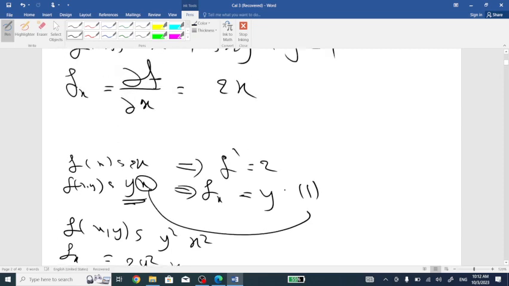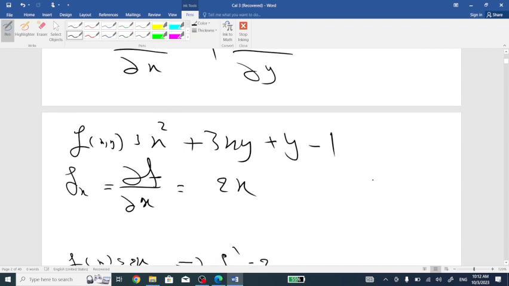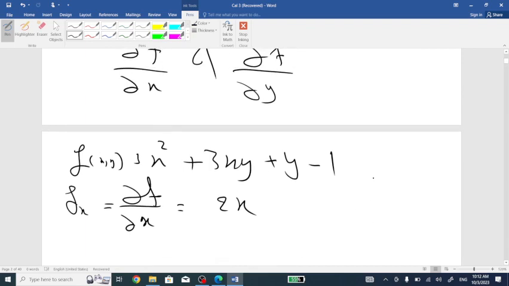Good. Now go back to my example. My partial by x is of course equal to 2x. Now 3y is a number in my mind because the derivative is by x. So derivative of x is equal to 1. How about derivative of y?